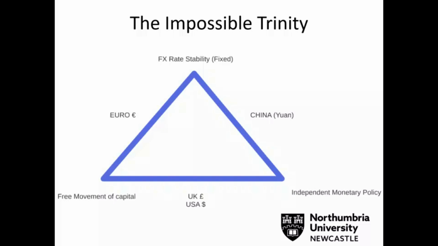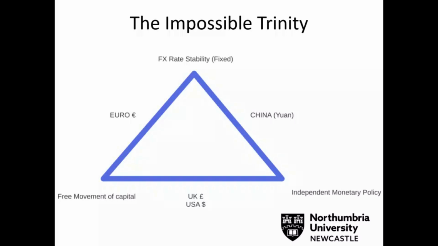So just as an example here, we'll talk about the euro. Within the euro region, we're talking about all countries that use the euro, then arguably between France, Germany, Spain, Portugal, they have price stability. They have a fixed rate between them. They all use the euro. They also have free movement of capital.